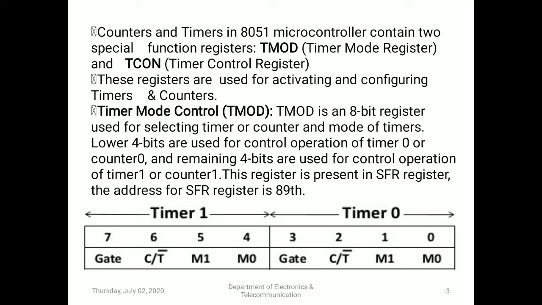But if we are generating time events from the crystal oscillator at XTAL1, XTAL2, in that case the internal clock source is nothing but the pulses or oscillations generated by the crystal oscillator. So the function of a timer is based on the crystal oscillator's pulses, and the function of a counter depends on the external clock source applied to the microcontroller.